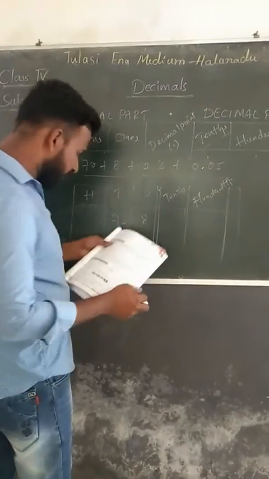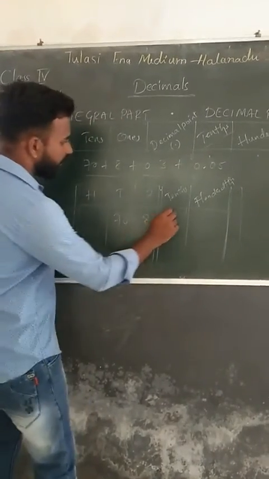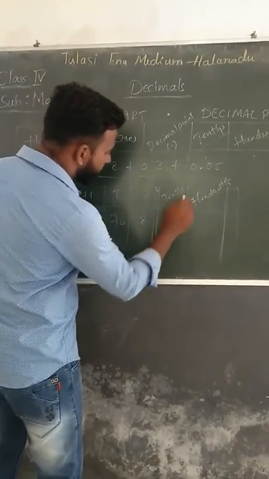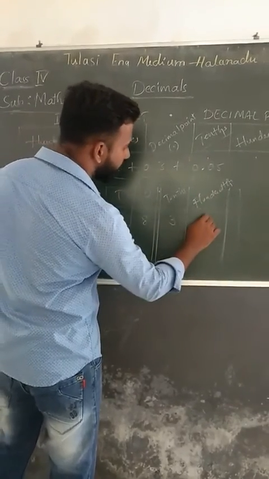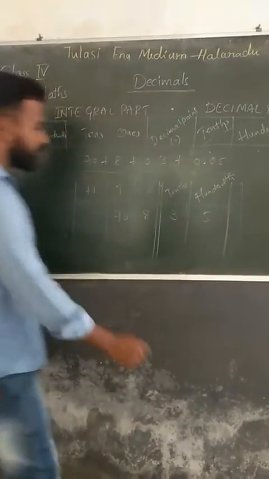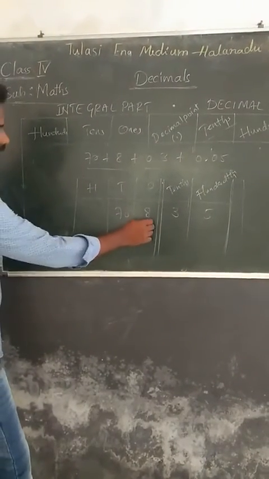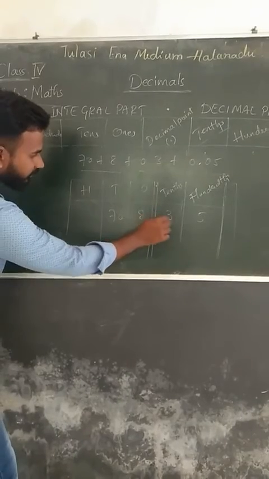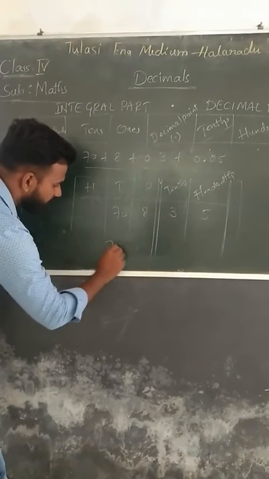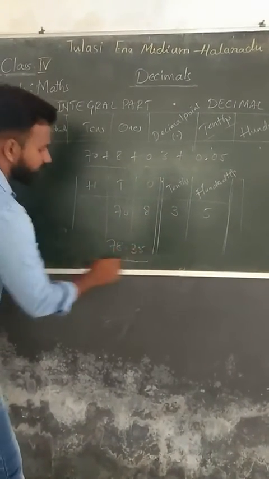So we have to write in the short form: 78.35.